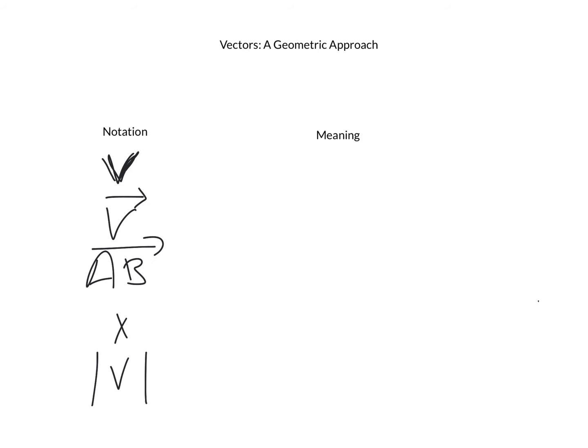All right, vectors, geometric approach. The top three here are all different ways to write vector notation. If you see these, they are just vectors. This top one is supposed to be a bold V. If you have just a number, we call that a scalar.